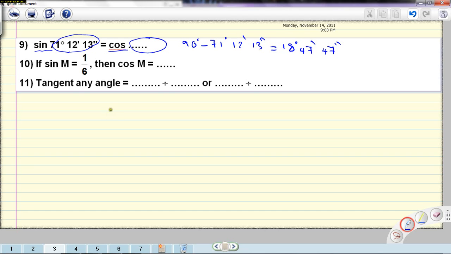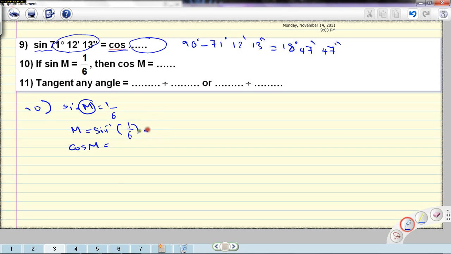Number 10. Simply, it says sine m equals 1 over 6, then cosine m equals. We have two ways to answer this question. I'm going to use the simple way. Sine m equals 1 over 6. I want to get the measure of this angle. So m equals sine to the power negative 1 of 1 over 6. And when I get this angle, I'm going to use it to find cosine m.